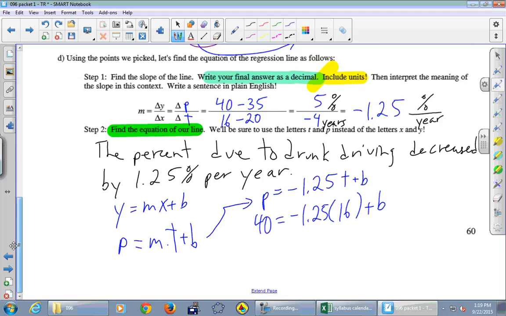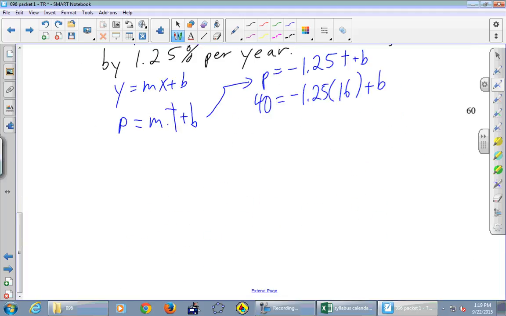Okay, we can scroll down a little bit. All right, this becomes 40 equals, okay, I think that's negative 20, plus b. Move that negative 20 over to find b. And we get b equals 60.